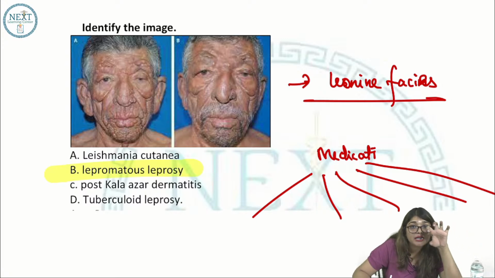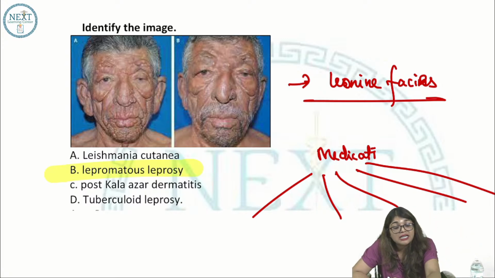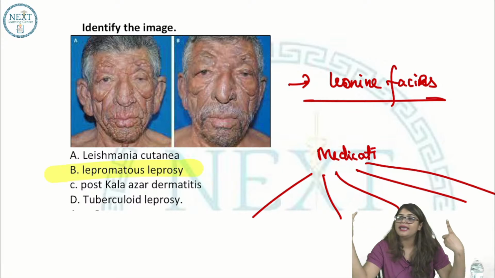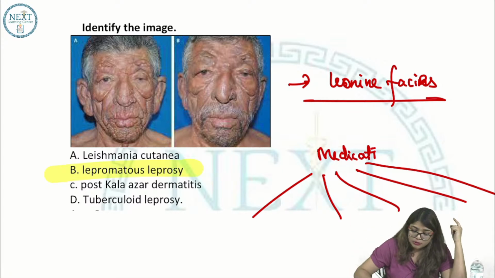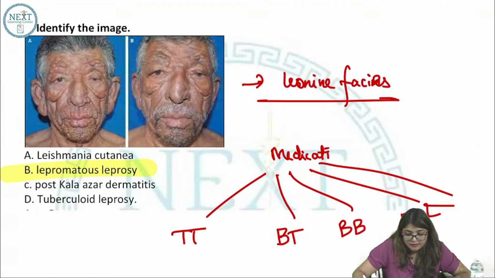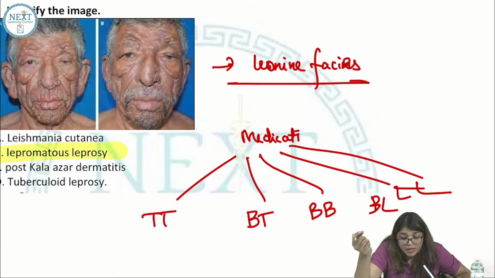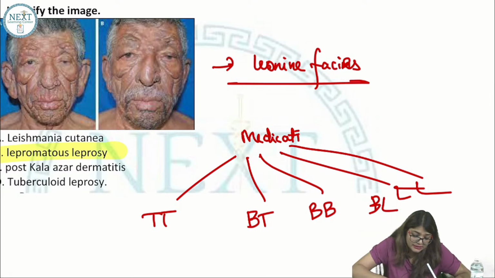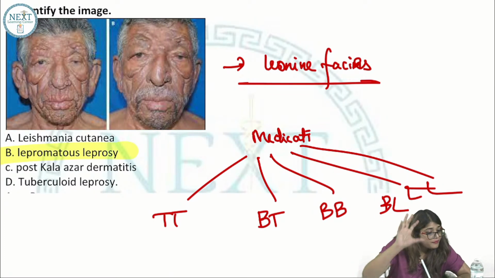You have 5 types of leprosy, and they always start with T and they end with L. So TT, PT, BB, BL and LL. So tuberculoid, borderline tuberculoid, borderline lepromatous, and lepromatous leprosy, right? These are the 5 types.